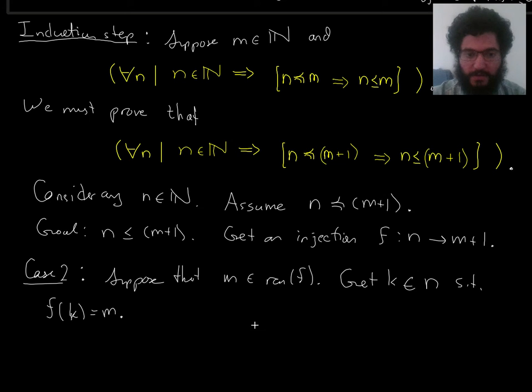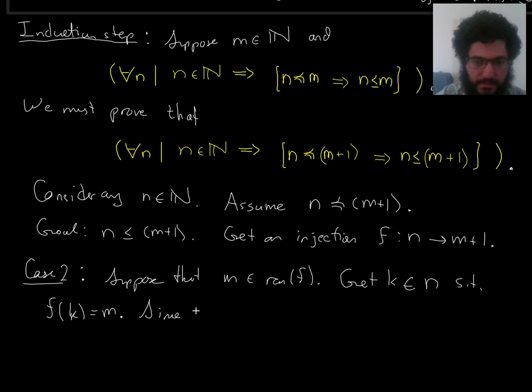So I need to verify that my n here is not 0. Well, it has k in it, so it's not the empty set, so it's not 0. In other words, k is a natural number that's less than n, and 0 doesn't have anything less than it.